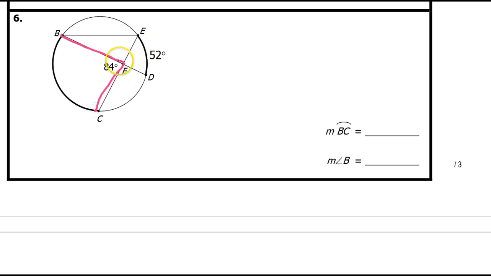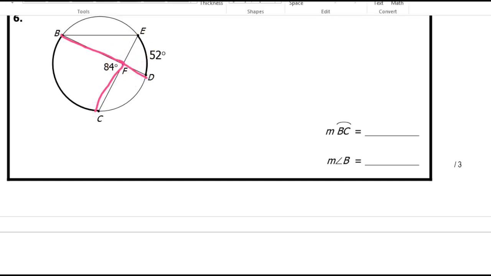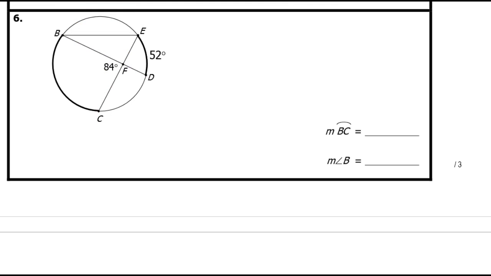Really when we do this, we wind up making this hourglass shape wrapped around the angle that we're looking at. So that 84 degrees is the angle. It's right here on the inside. I'm going to put it on the inside of this hourglass.